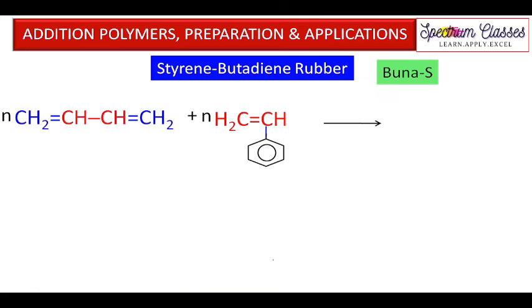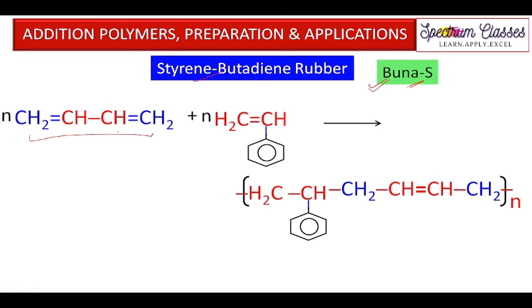The next type of rubber is Buna S. We are very much aware of this Buna S, and this is also known as styrene butadiene rubber, but in questions most of the time Buna S is given. For this Buna S, B stands for butadiene and S stands for styrene. As I told you earlier, styrene is this and butadiene is this, right? So on reaction, they will form a similar kind of polymer. So what happens to this?